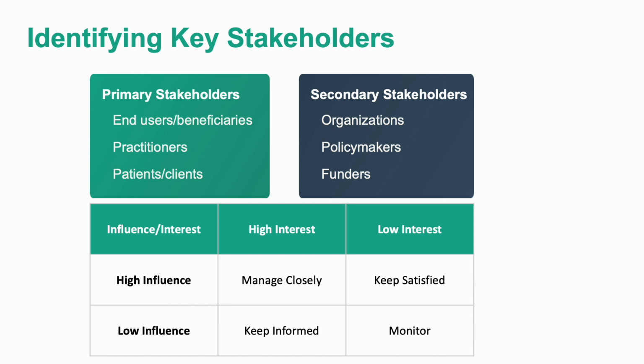They often have high influence, but varying interest. The matrix helps prioritize engagement: high influence, high interest, manage closely; high influence, low interest, keep satisfied; low influence, high interest, keep informed; low influence, low interest, monitor.